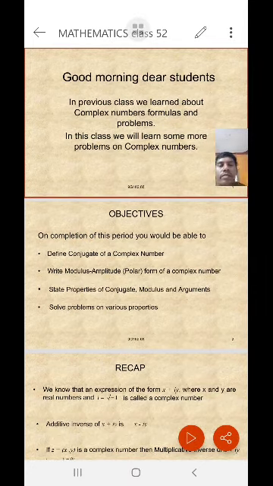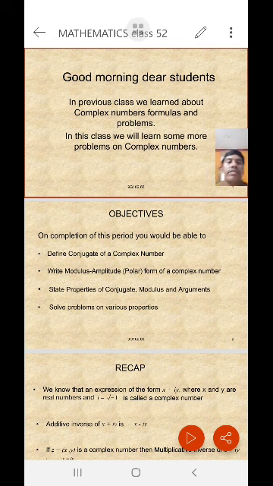So this is what we learned today. Once again we recall. First, conjugate of a complex number. Conjugate means we just have to change the sign of the imaginary part.